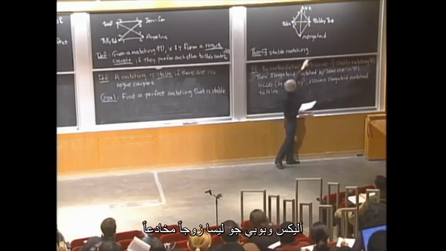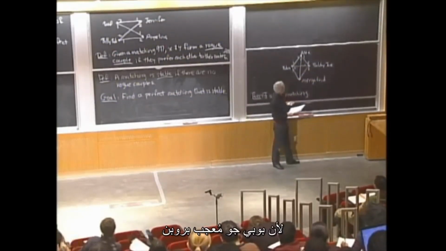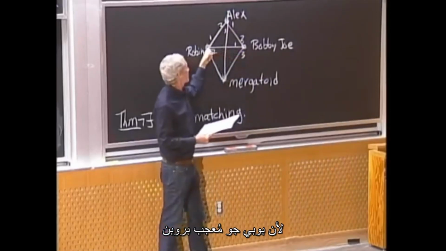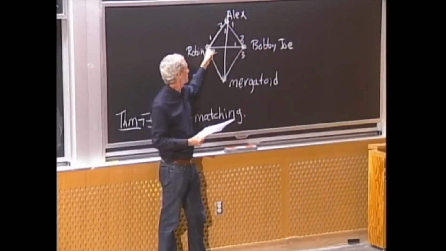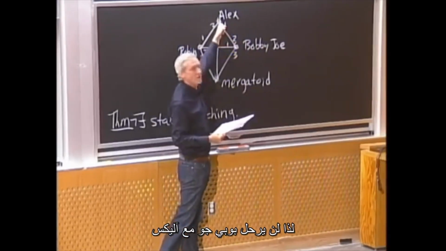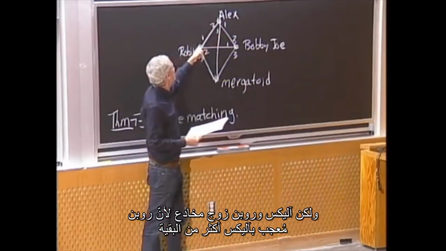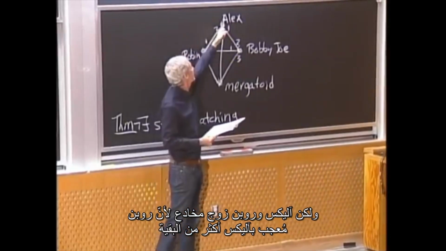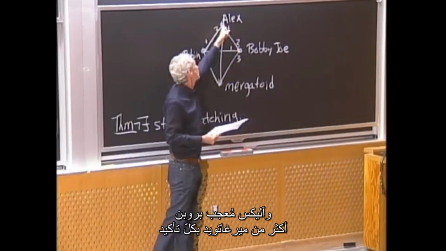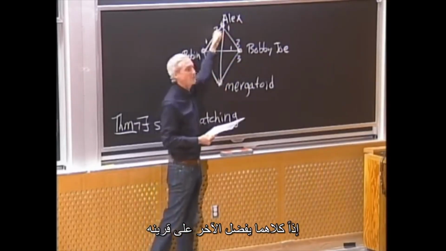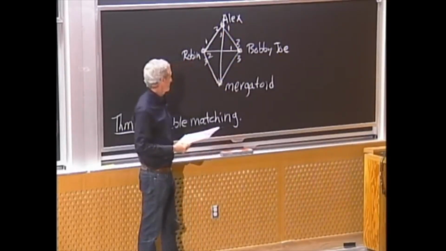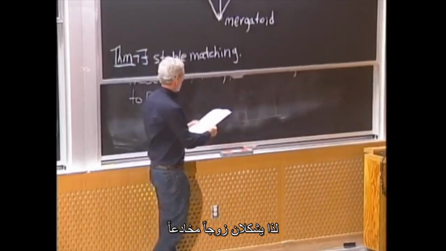Alex and Bobby Joe aren't rogue because Bobby Joe likes Robin, the person he or she's married to, so they're not going to go off with Alex. But Alex and Robin are a rogue couple because Robin likes Alex the best, and Alex for sure likes Robin better than Murgatroyd. So they both prefer each other to their mates, and they form a rogue couple.